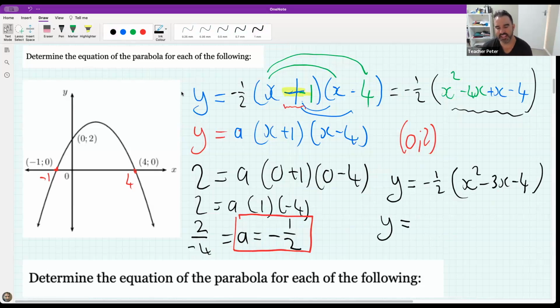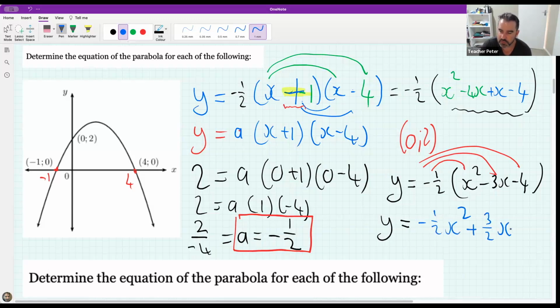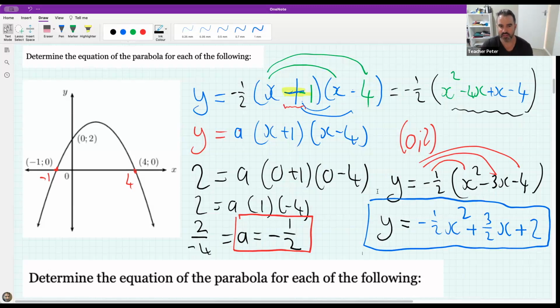So once I clean up the multiplying out, I get x squared minus 3x minus 4. But now the last step is I need to multiply this minus a half into the bracket. And I get minus a half x squared plus 3 over 2 x plus 2. And so the standard form of this parabola is that.